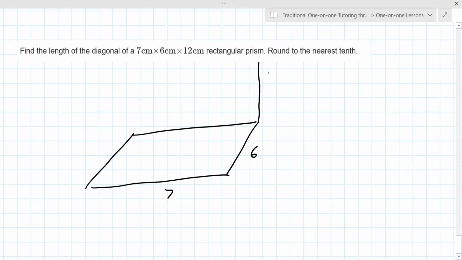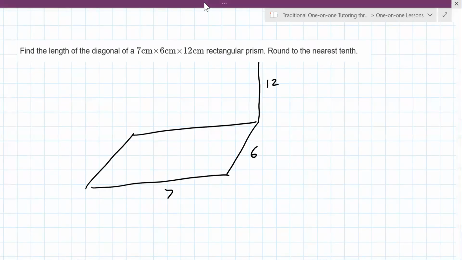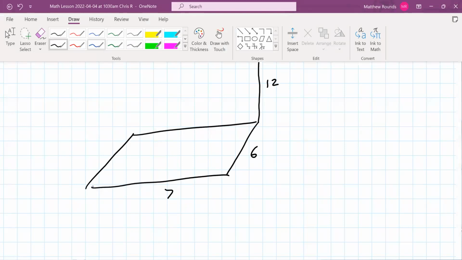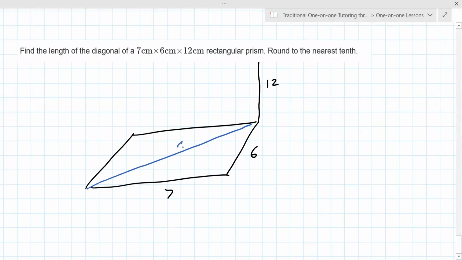And then this is 12 up here. You have to first find the diagonal here, which is C, and this is a right triangle. So C squared equals 6 squared plus 7 squared. C is the square root of 6 squared plus 7 squared, which is 36 plus 49. So it's the square root of 85.